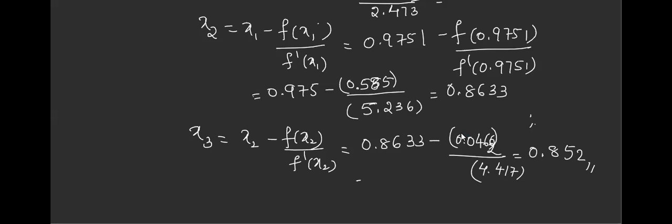Now tell me the value. 0.852 only. Those who were getting 0.7, please check. Okay, everyone had a little confusion. I want you to repeat and tell me x4. Meanwhile, in the chat box, write your number. It will be nearly 0.852.